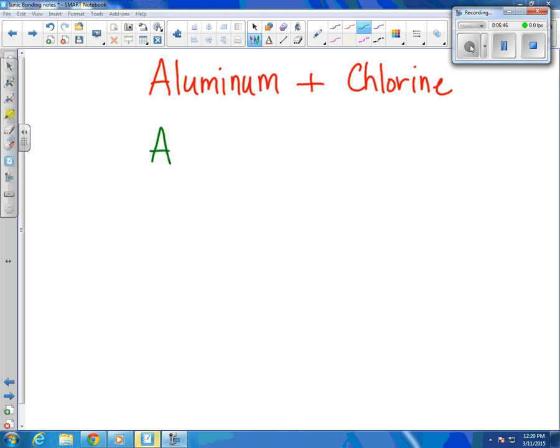So I do my Lewis structure. It's in the third group, so it's got 3 valence electrons. And then I have to draw out my chlorines. So chlorine has 7 valence electrons. So I know it's going to want to take one of these. And I'm going to write my charge because my chlorine is happy. And then my aluminum still has 2 more valence electrons. So what atom's going to come in?